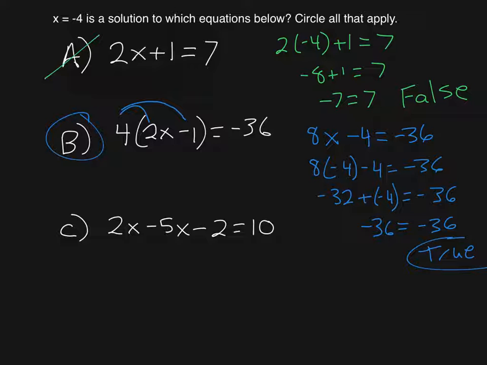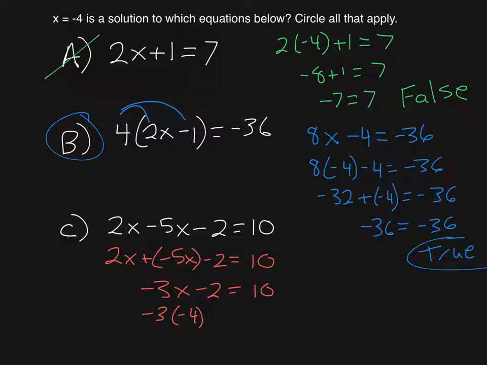Now we have one more to try because it says circle all that apply, so there could be more than one answer. I have some like terms on the left side, and to make this easier, I'd like to combine them. I'm going to think of this as 2x plus negative 5x minus 2. 2x plus negative 5x is negative 3x, minus 2 equals 10. Now I can substitute negative 4: negative 3 times negative 4, and instead of minus 2, I can write plus negative 2, equals 10.